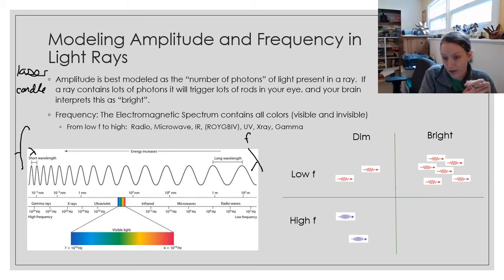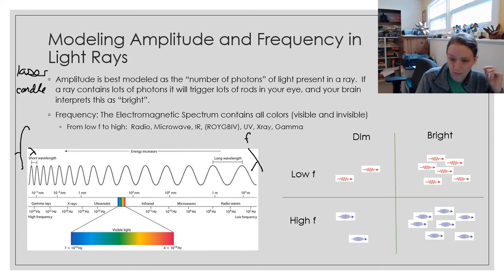Those jiggles have a smaller spacing, but also the color of the light changes. We've now changed from red to something that is higher frequency, blue or purple, which is still detectable. But this is still going to be a dim light because there are only a few photons of that purple. And if I was drawing a bright, high frequency light, I would draw lots of photons of that higher frequency color.